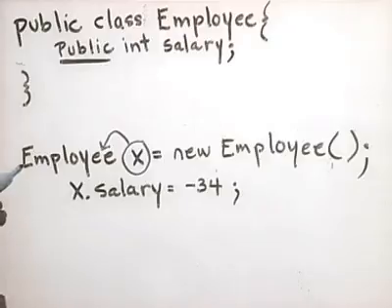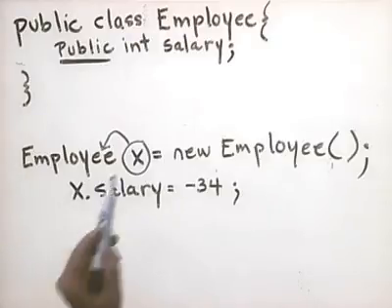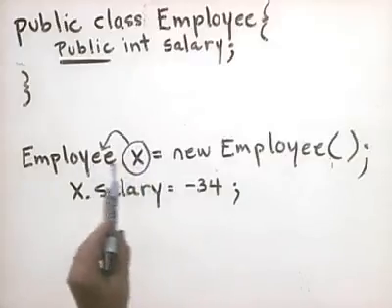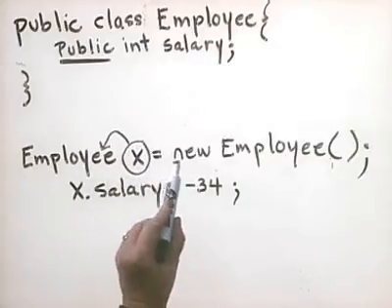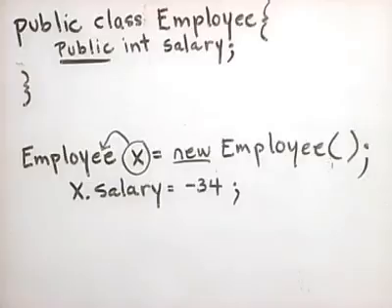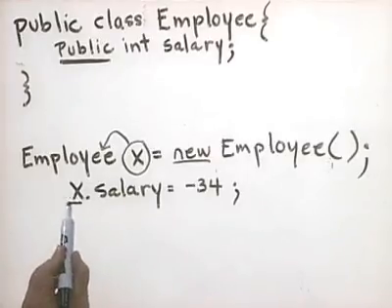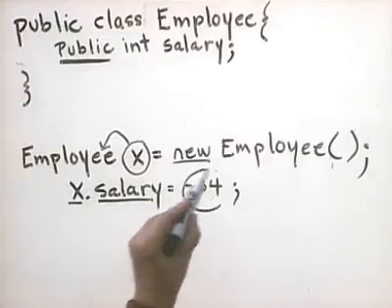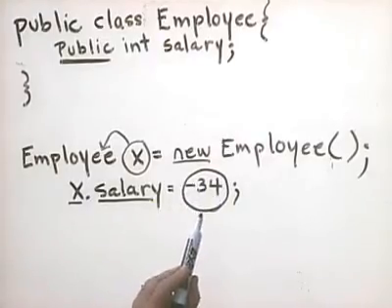In this example, I've created a reference type of employee, and I've instantiated a new employee. So I now have an employee object. What I'm able to do now is access salary directly, and you can see the result of that. This is not a valid salary.